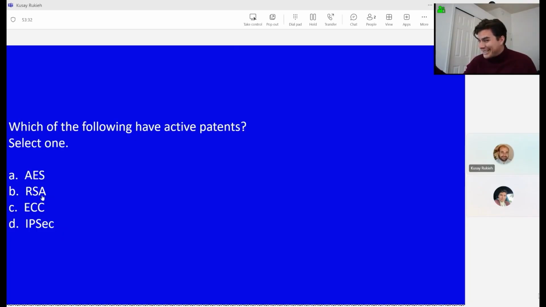RSA had an active patent, but remember, back in, when is it, it's already 20 years more than that. This is why now we can download apps and authenticators for free, right? Well, hold on. I want to go with ECC for my final answer then. That's correct.